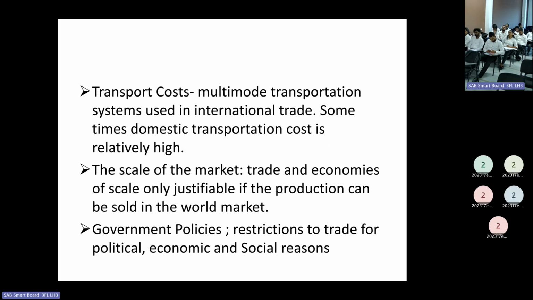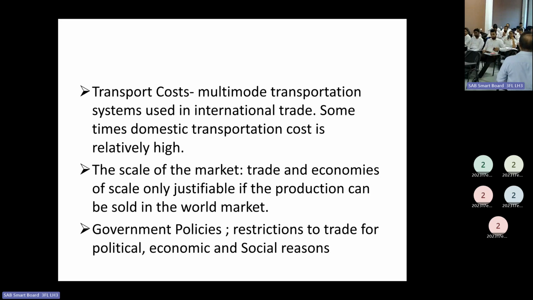And the transport cost. As we highlighted, multi-mode transportation systems are used in international trade. Even though international transport costs are declining, domestic transport cost may be high.